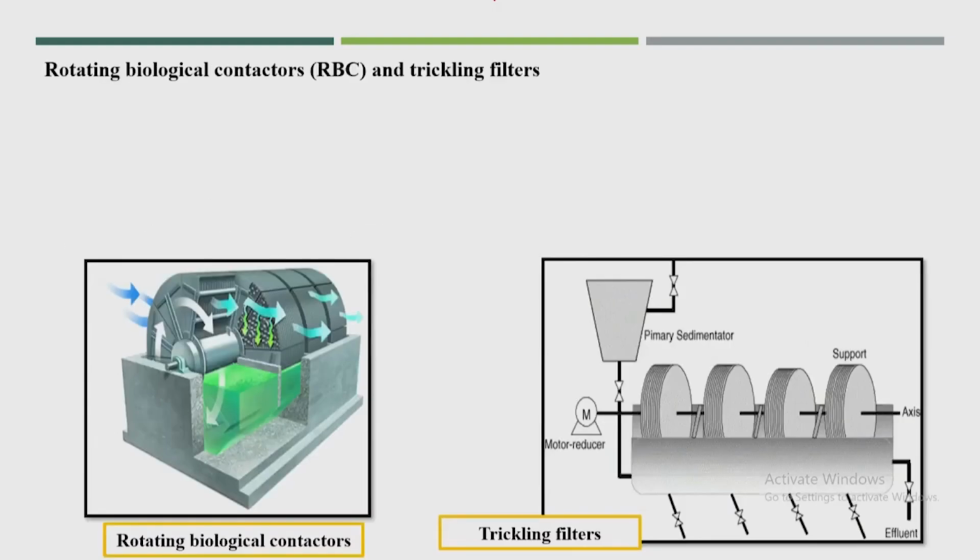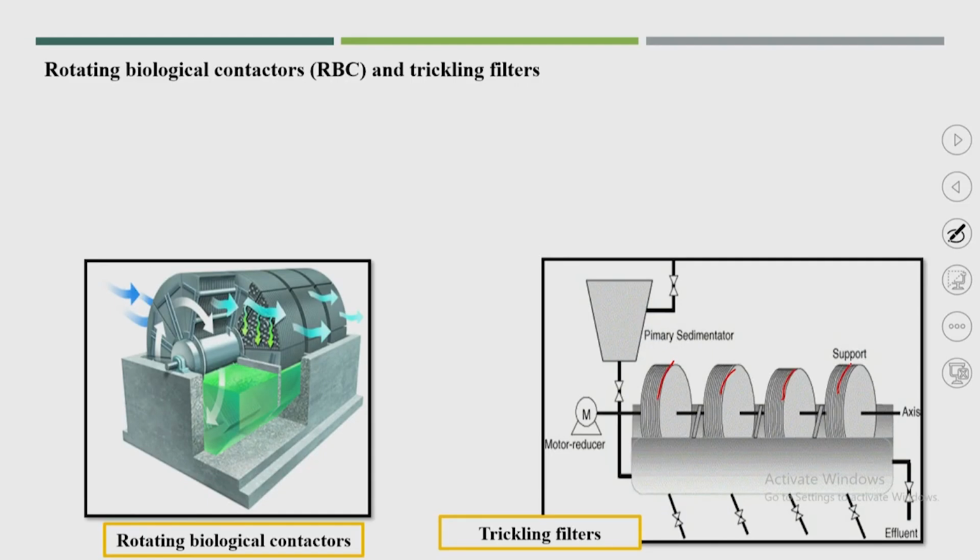This is another technology we can use, RBC or rotating biological contactor. There will be rotating cylinders, you can see here, and half is immersed into the leachate and half is open to the atmosphere.